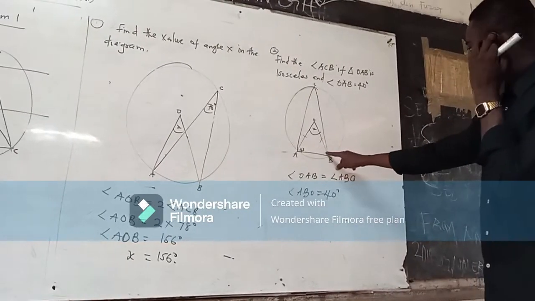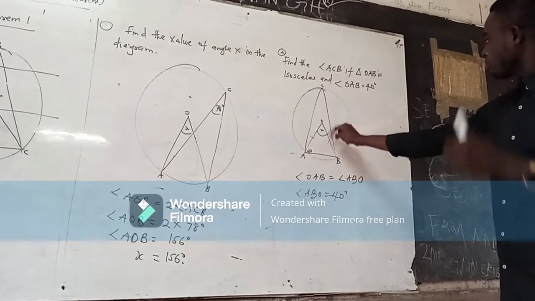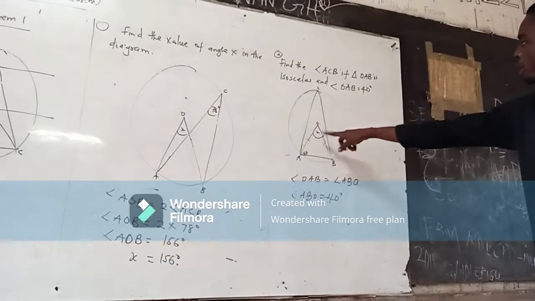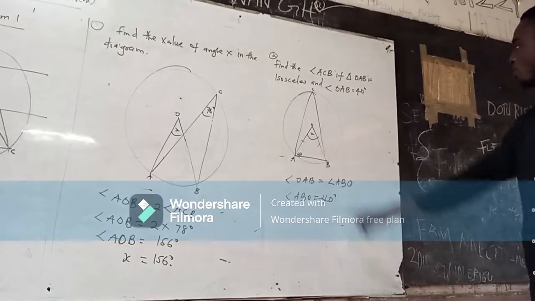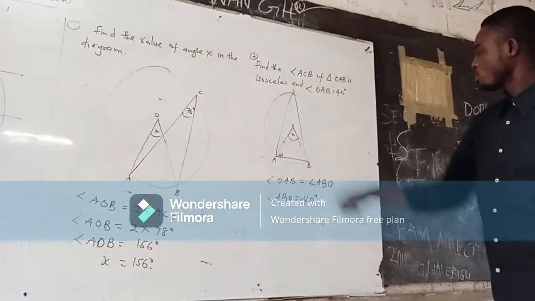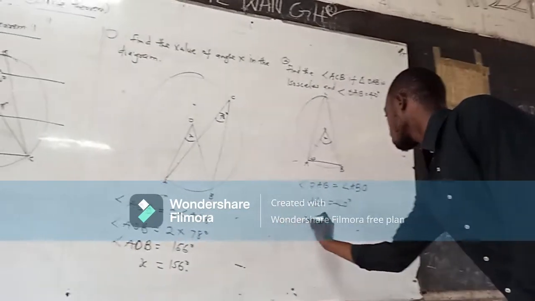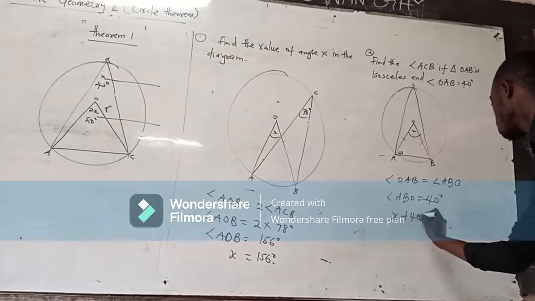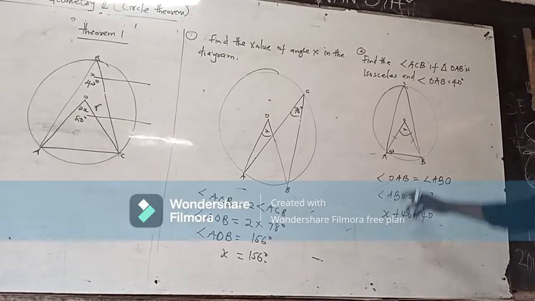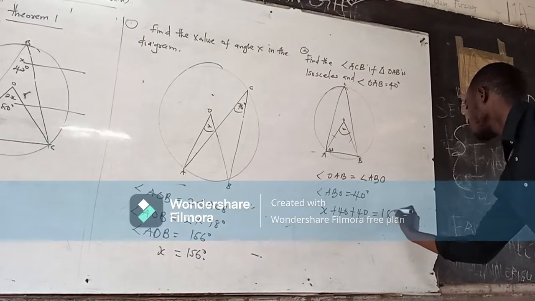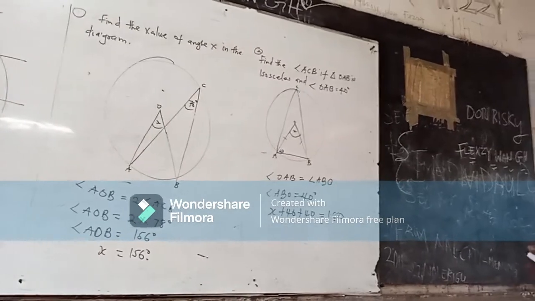So once you have here to be 40, then you sum up this one, the triangle sums up to what? 180. So after you find the value here, then you use it to find this one. So we will just say that x plus 40 plus another 40 is what? 180.